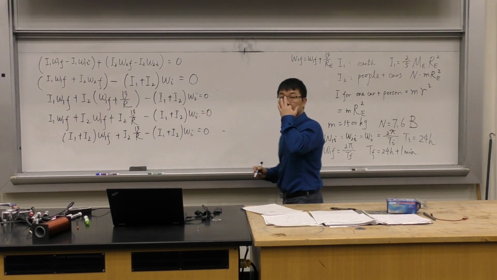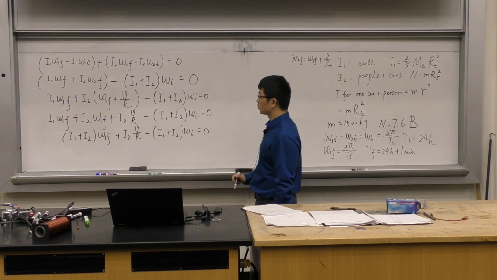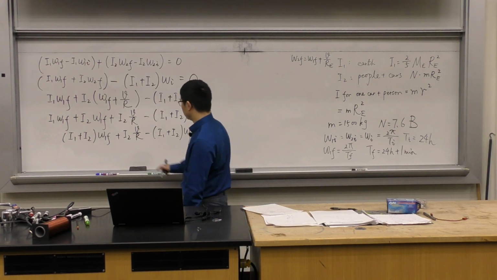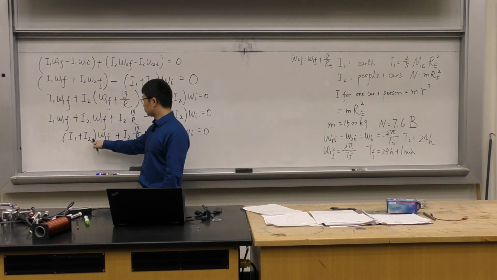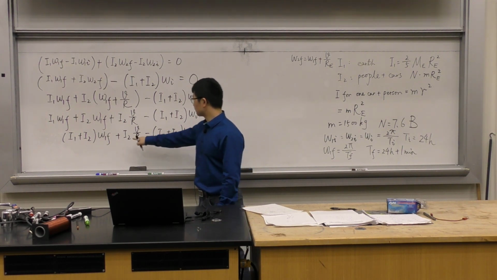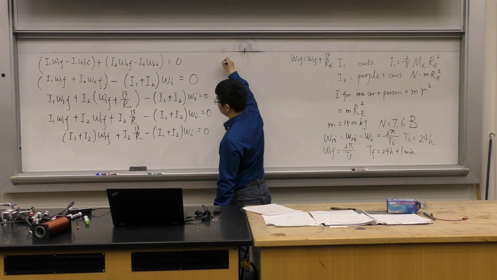I still haven't plugged any numbers in because I want to see if I can simplify the algebra, okay? Then you see that I can combine this term with this term, because this is I1 plus I2 times something. I1 plus I2 times something. So you put them together, you can factor out I1 plus I2. So you will get I1 plus I2.